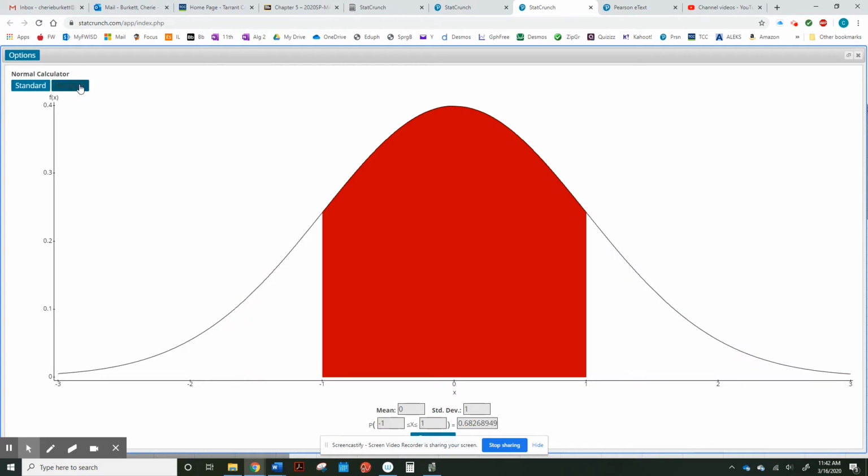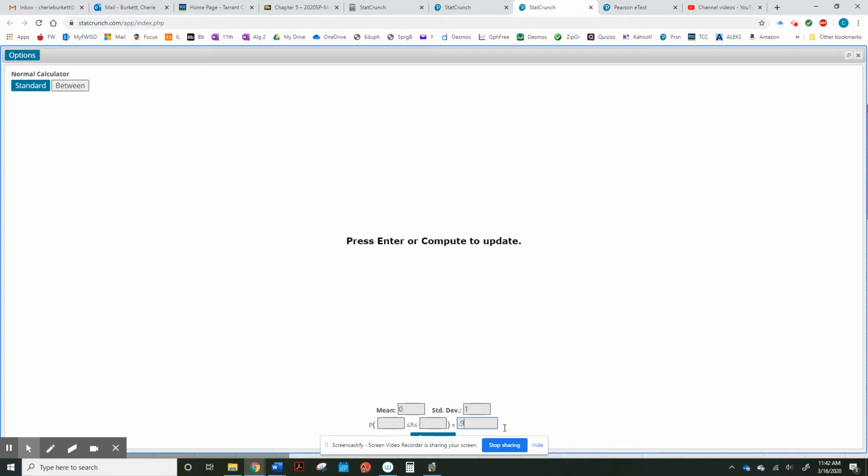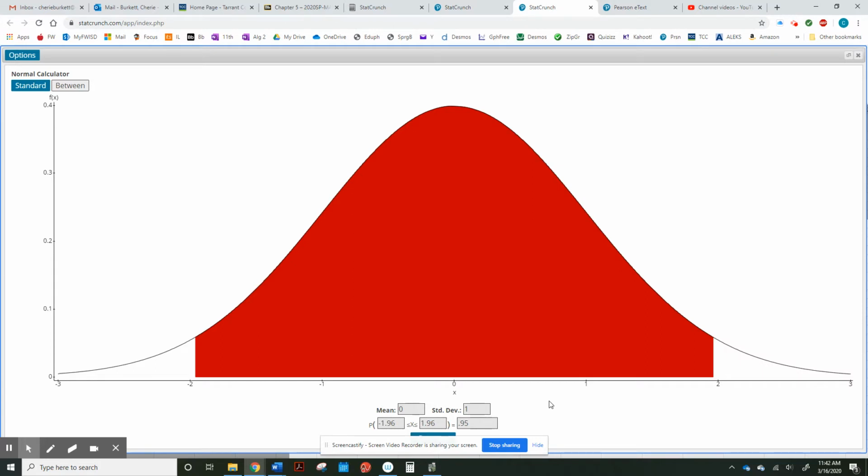We just have to go to between, and we tell it that the area is 0.95, and it then gives us the two z-scores, negative 1.96 and positive 1.96. And this right here is 95% of the area.